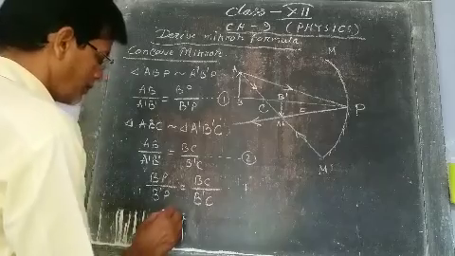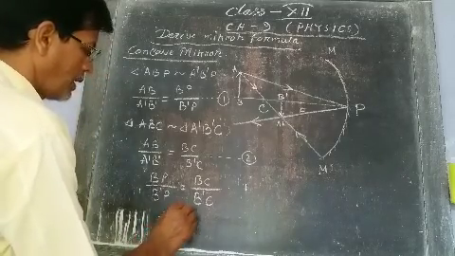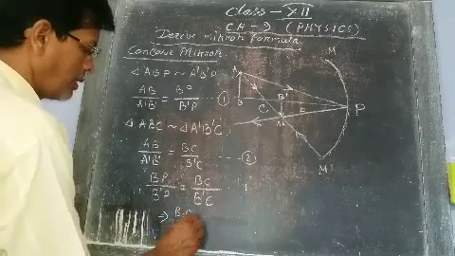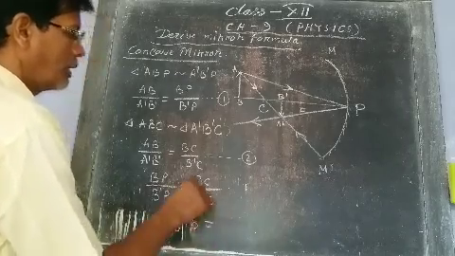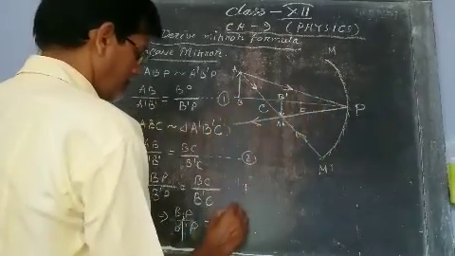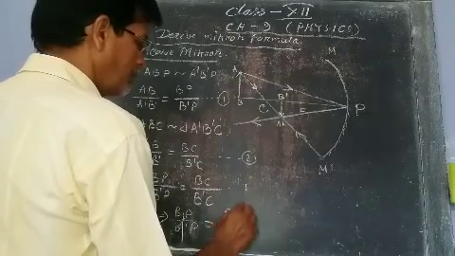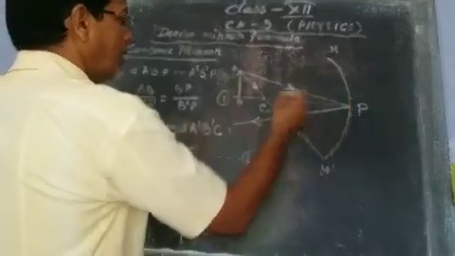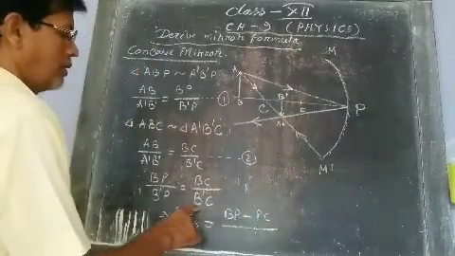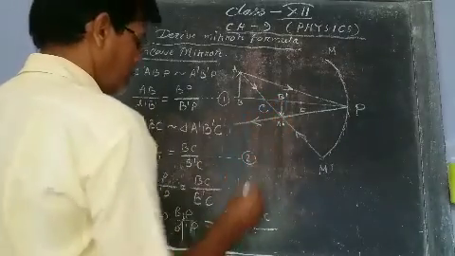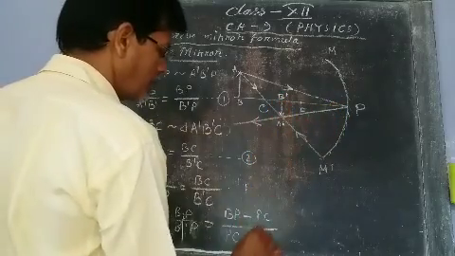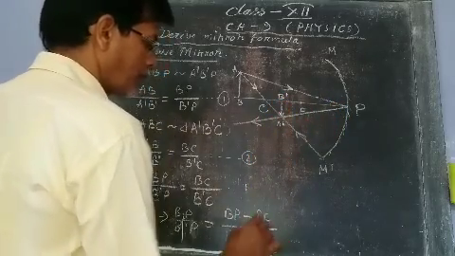So we will get BP by B dash P equals BC, and BC means BP minus PC, by B dash C, and B dash C means PC minus B dash P. Clear?